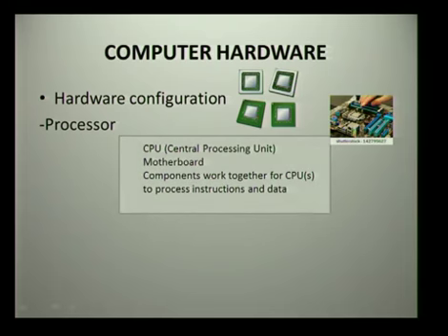Hardware configuration. What does this mean? Your hardware needs to depend on each other. What is important is your CPU, which you'd find on your motherboard. Remember, we said the motherboard allows your components to work together.